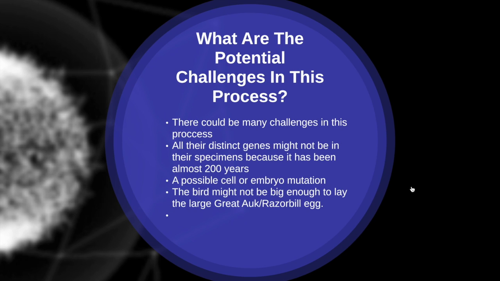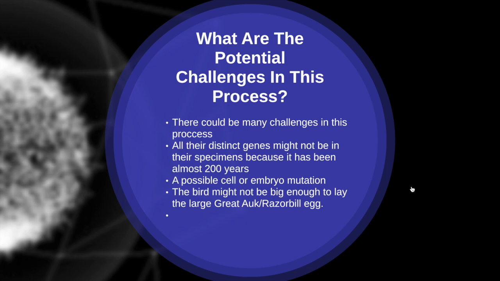So then, I found that there were some potential challenges in this process. For example, all their distinct genes might not be in their specimens because it has been almost 200 years.